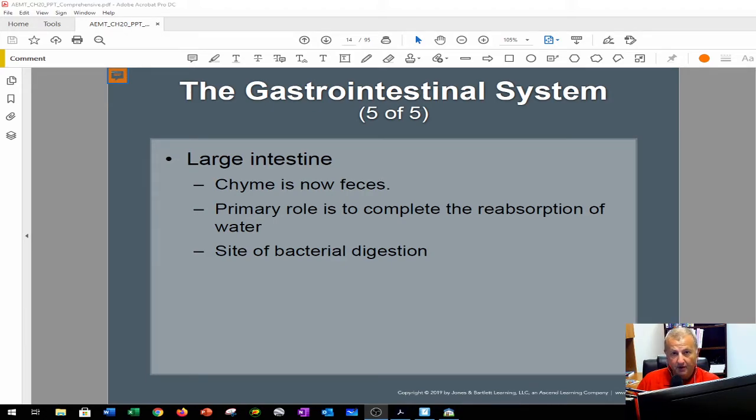All the minerals and things like that got taken out in the small intestine, and now we're in the large intestine. They say it's a site of bacterial digestion, meaning that's where you hear folks say, well, that's where the good bacteria is, and that is where you would locate that.